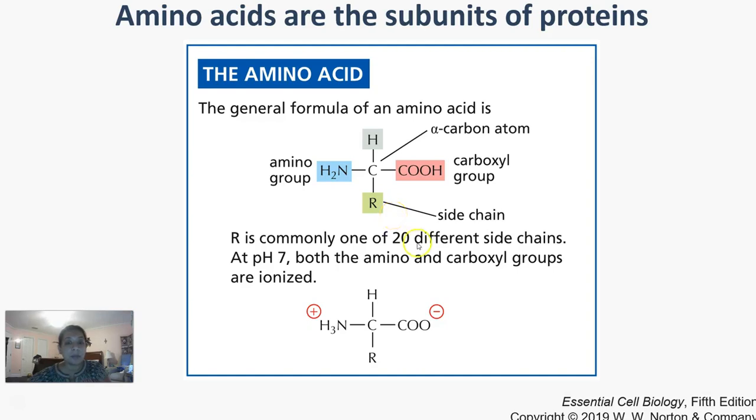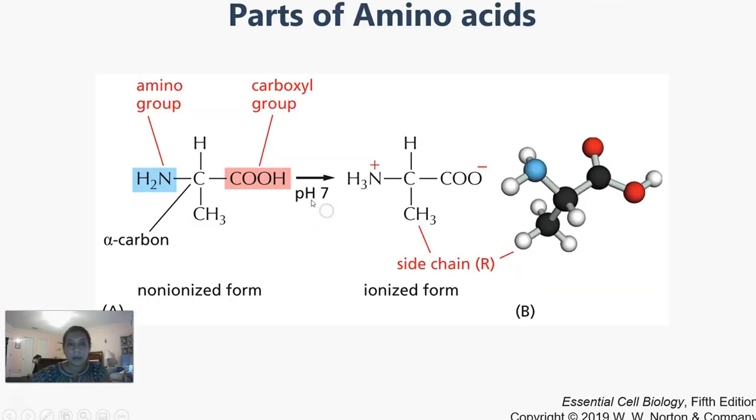At pH 7, both the amino as well as the carboxy end of the structure is going to be ionized, so they can both be reactive. So parts of an amino acid, again, we talked about the amino group, the carboxyl group. This is your alpha carbon, and then you have the R group and the hydrogen.